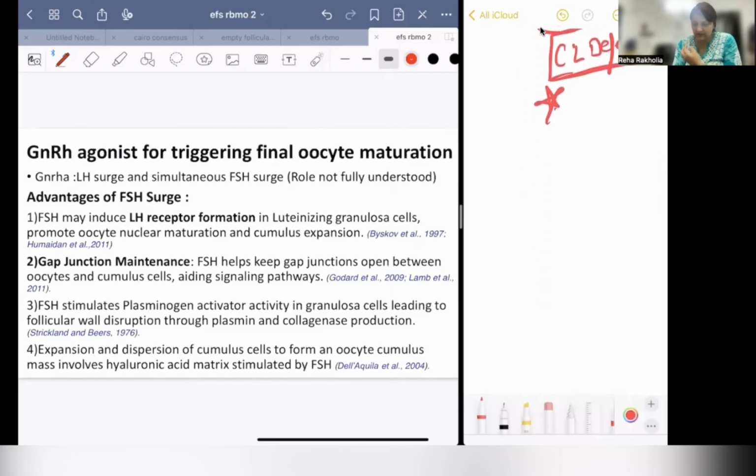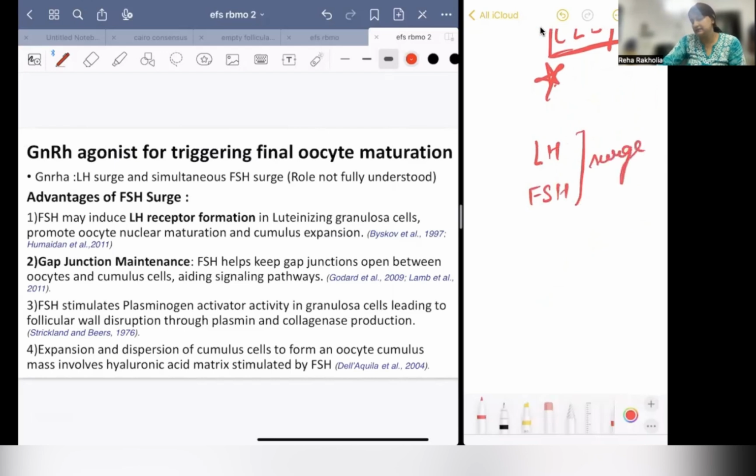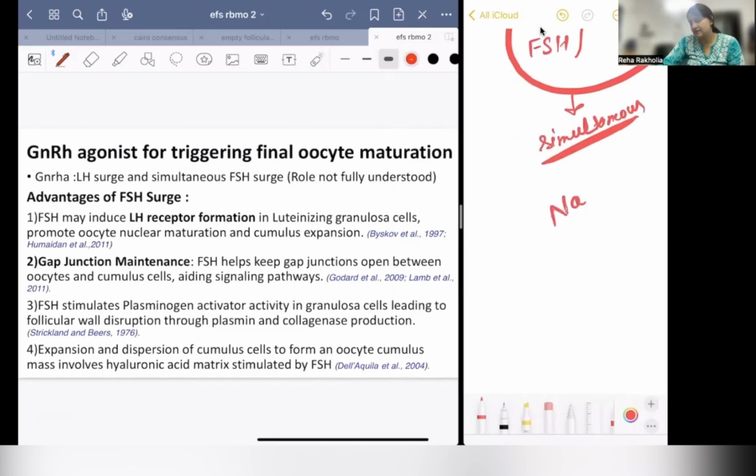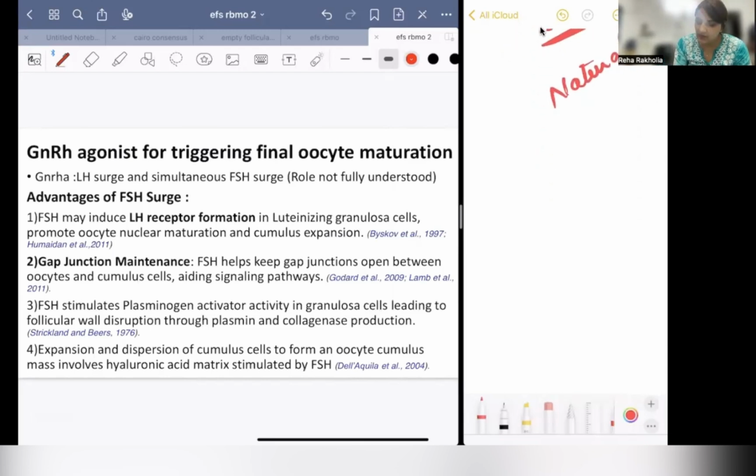GnRH agonist triggering for final oocyte maturation. In GnRH agonist trigger, there is an LH and FSH surge simultaneously, like the natural cycle, unlike the HCG trigger. So what are the advantages of the FSH surge?